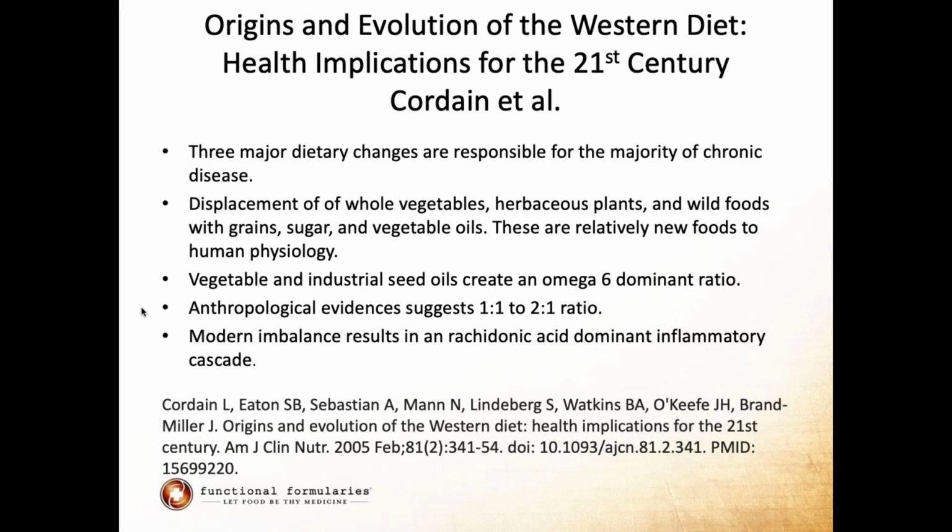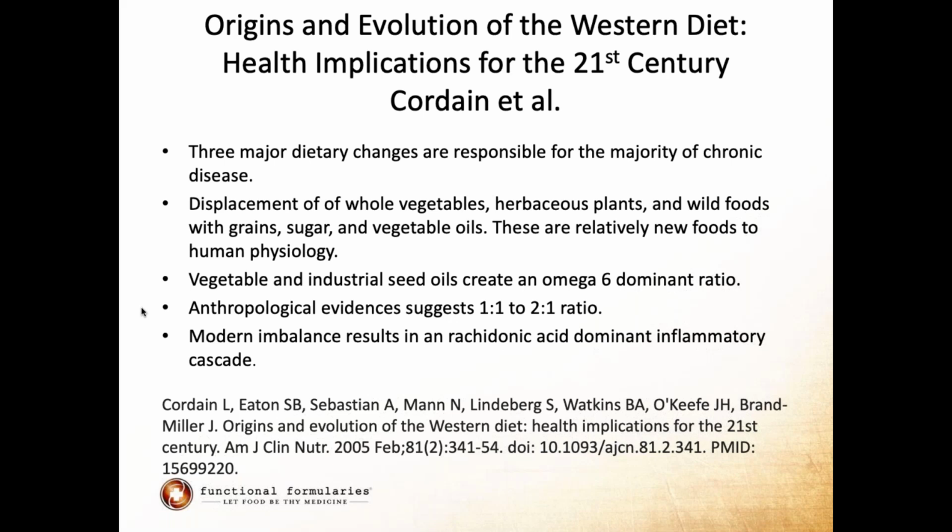And just to give you 5 highlights of that paper, one of which is very relevant to today's talk, there are 3 major changes responsible for most chronic disease now, if we take a look at an ancestral human diet and that which we consider now the Western diet. The big ones are a displacement of whole plants, mostly vegetables, herbaceous plants, to a lesser extent fruit, and wild foods, including wild game, with grains, sugar, and vegetable oils.